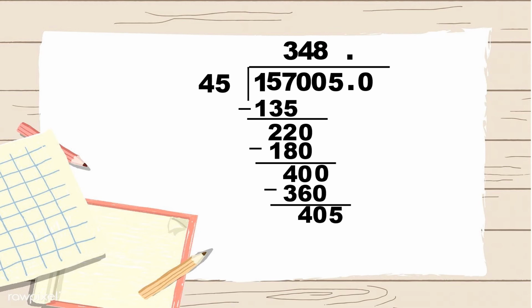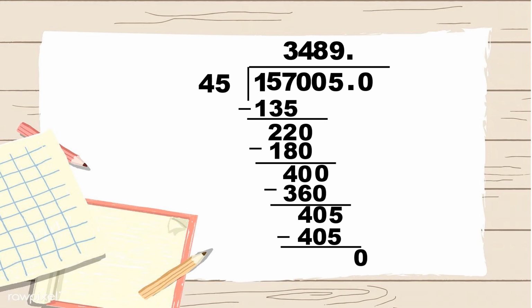Then, bring down 5. 405 divided by 45 equals 9. Then 9 times 45 equals 405. 405 minus 405 is 0.